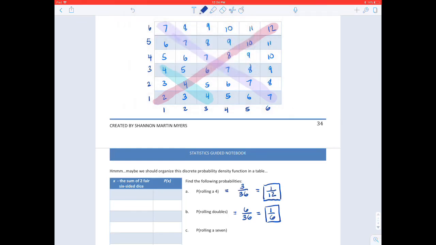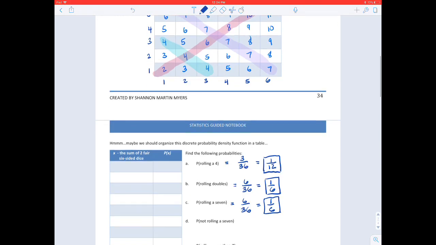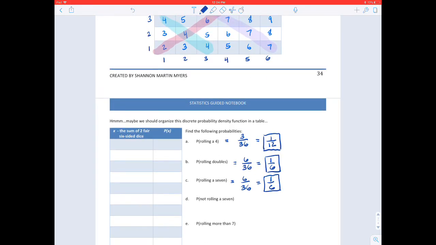So let's see what that probability is. It's the same as the probability of rolling doubles. So 6 out of 36, which is 1/6. All right, so what about the complement of that, the probability of not rolling a 7? Well, we've already found the probability of rolling a 7, right?